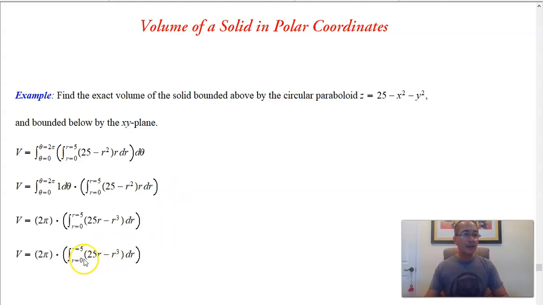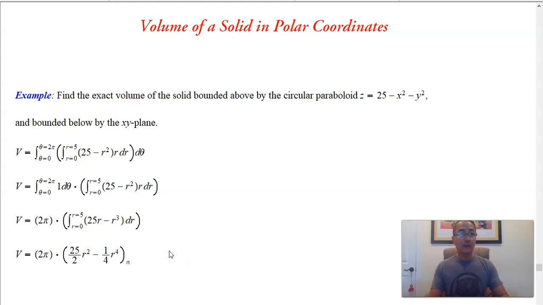So that will give us 25r squared over 2. So let's make a fraction, 25 over 2 r squared, and then minus r cubed becomes r cubed over 4. Okay, so 1/4 r to the 4th power, and our limits are from 0 to 5.